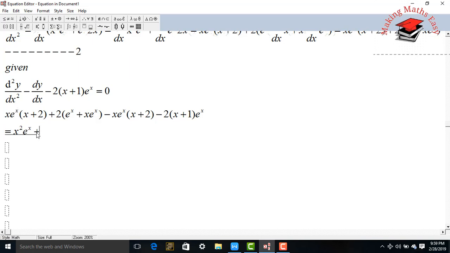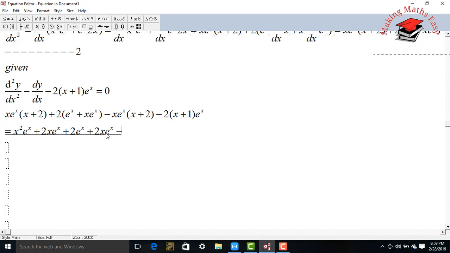So plus 2 into x e raised to x plus 2 into e raised to x right over here. Okay, plus 2 into x e raised to x. So write again x e raised to x.